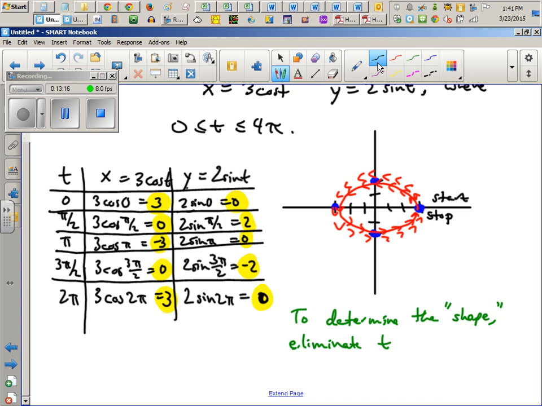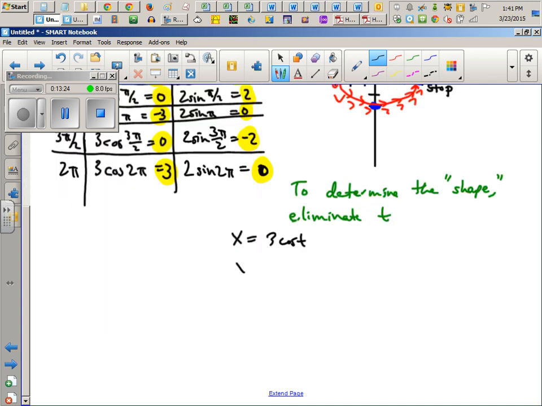Now last time I had root t and t minus 2. They were pretty simple to work with. This time it's a little more complicated. I've got 3 cos t and 2 sine t. If I try to isolate t in one of these, it's going to look awkward. The arc cosine of x over 3? Yeah, and then I have to plug that into the other equation. That doesn't sound very exciting at all.